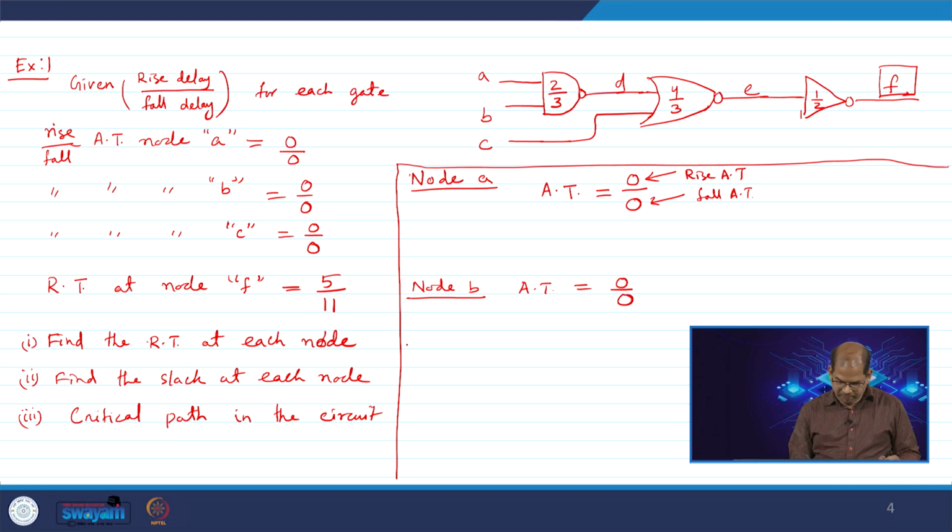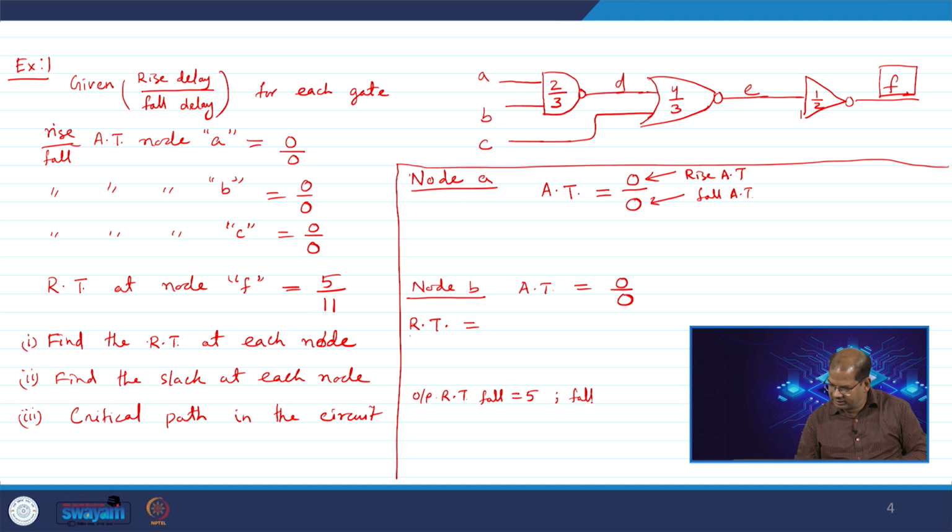So, for the node B, if I look into the node B, the required time at this point, I have 4 parameters. One is my output required time fall, which is 5, then my fall delay.